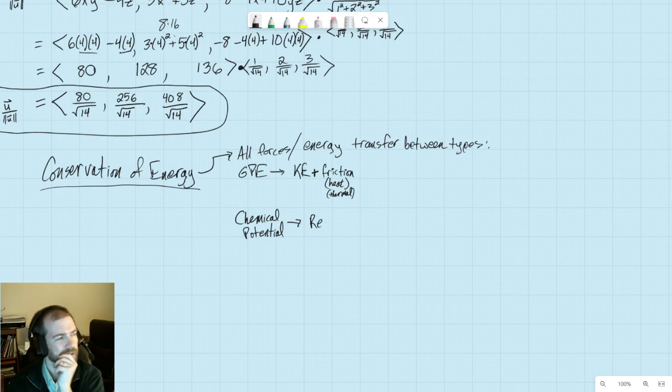Those are sort of the same thing. Resultant compounds plus thermal energy.